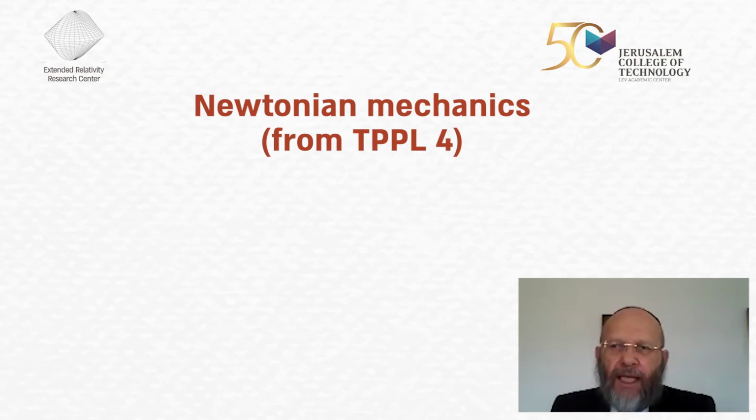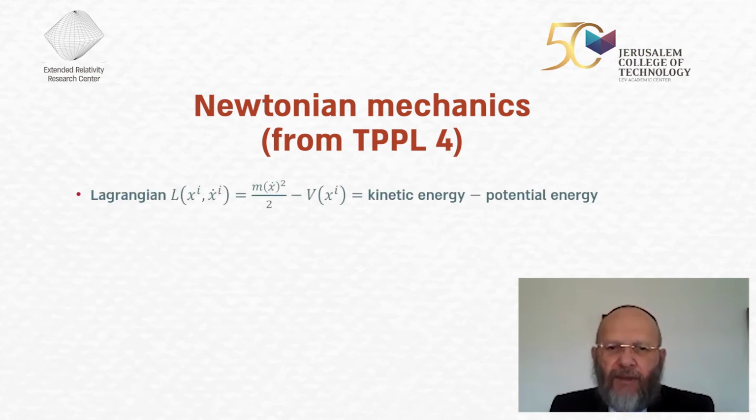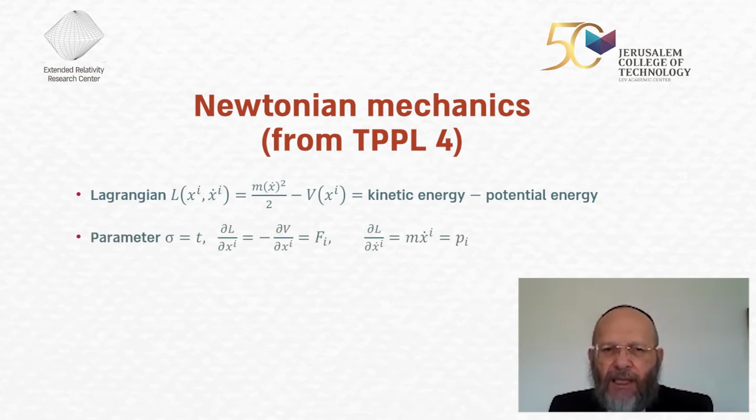Now I want to get another consequence. I want to very quickly repeat what we had in lecture 4 in Newtonian mechanics. We have seen that the Lagrangian was defined in this way, and when you have a Lagrangian, the parameter was time on the curve, and we got what was important.